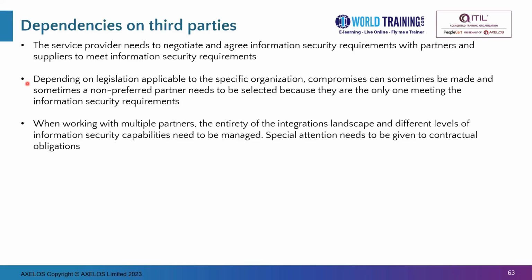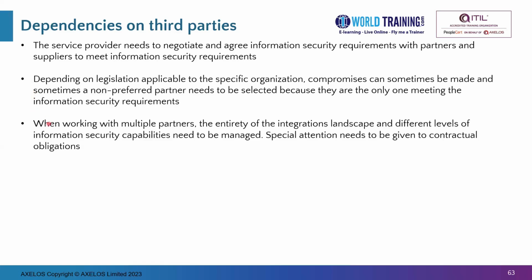Therefore, depending on the legislation applicable to the specific organization, compromises can sometimes be made, and sometimes a non-preferred partner needs to be selected because they are the only one meeting the information security requirements. However, there has to be caution here so that the new partner-related risks are mitigated in some way.